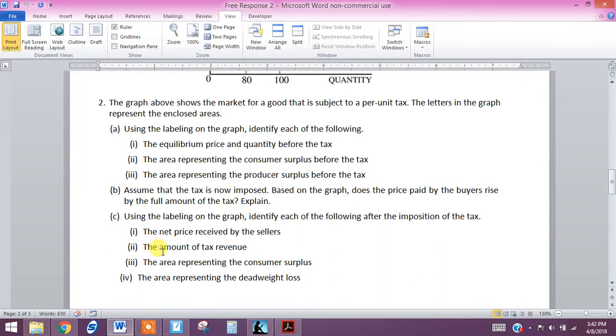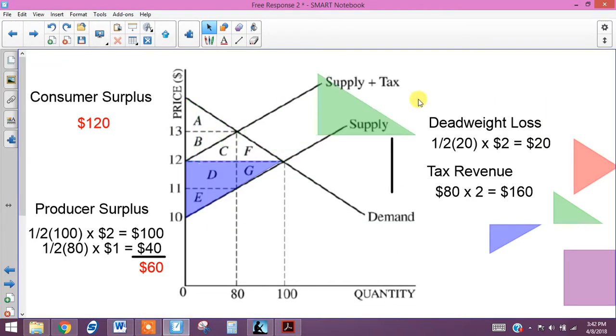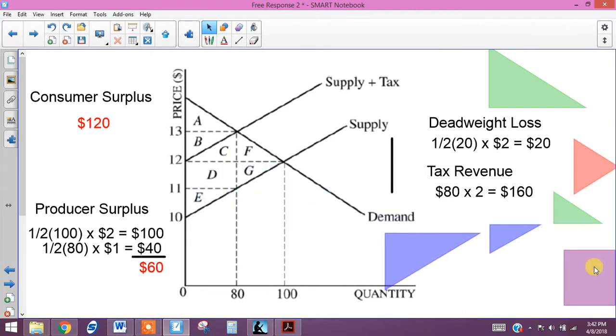Let's jump back over here and move these guys out of the way, and we can put our tax revenue right in here. Now it's probably easier to identify either way. So the tax is here because you're going to have the $2 multiplied by the quantity produced.